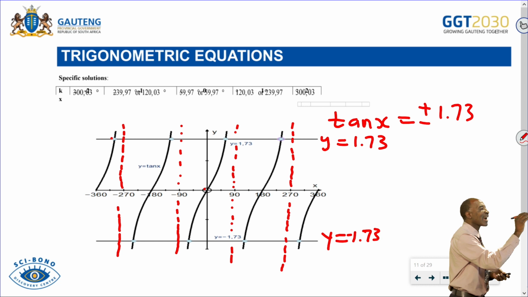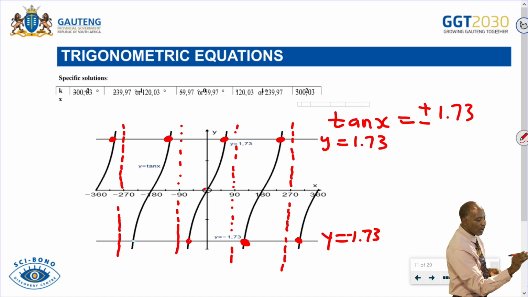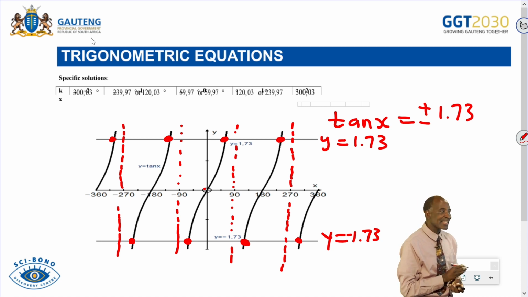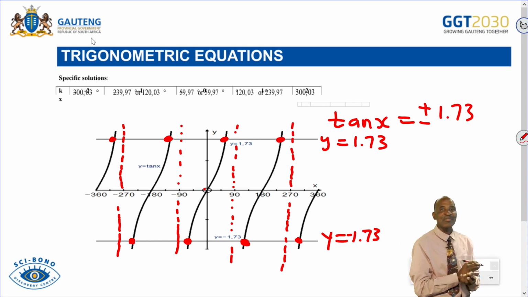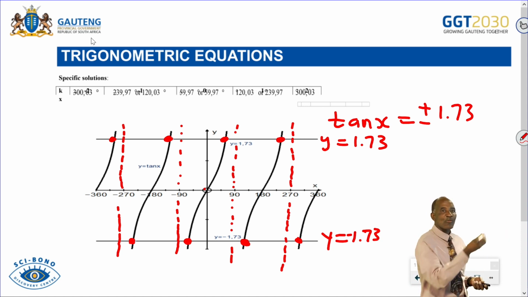Where they meet are our solutions. They meet here, they meet here, they meet here. All these are solutions within this interval that we chose. So if I was using a graph paper, I would literally read all these marked points. Those are the answers where tan x is plus 1.73 or negative 1.73. It's a 2-in-1 because of plus or minus.